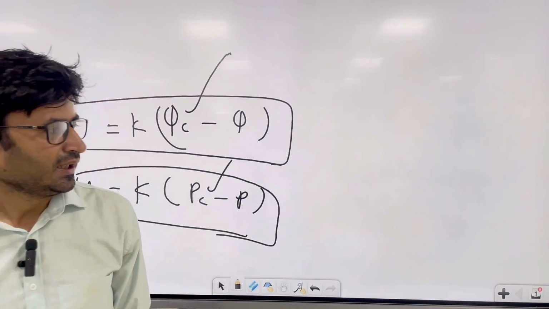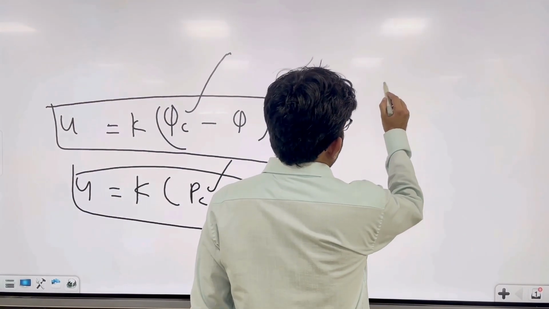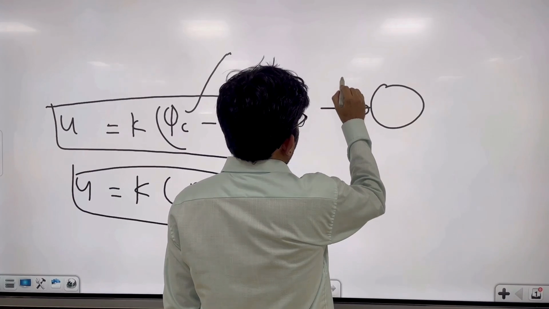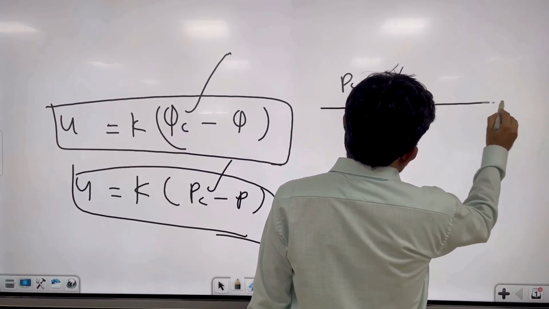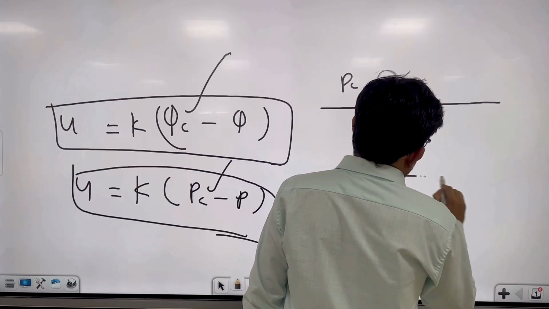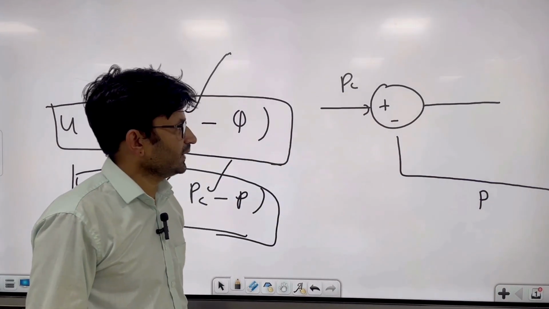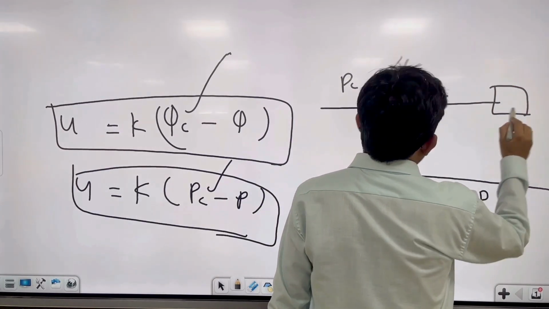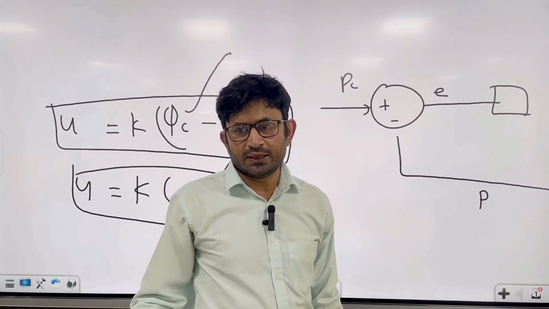Let's consider the scenario in a block diagram. Let's say I am commanding roll rate. This is a plus, this is a minus, and you are getting the feedback p from the plant. This error goes to the controller. Here I am taking only a proportional controller K; you can add D and I also.